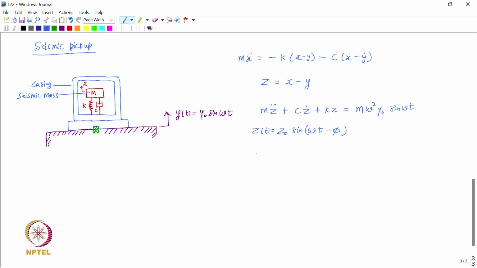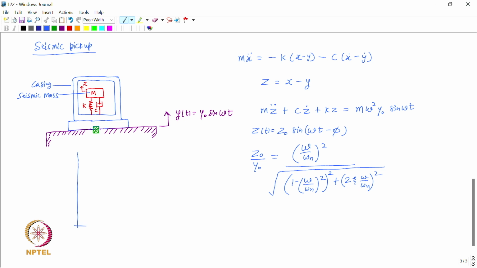Then we see that z naught upon y naught is equal to (omega upon omega n) square divided by the square root of (1 minus (omega upon omega n) square) whole square plus (2 zeta omega upon omega n) square. So, this is basically the ratio of the steady state amplitude of the seismic mass and the amplitude of the base excitation. And if we plot this response, then it looks something like this.